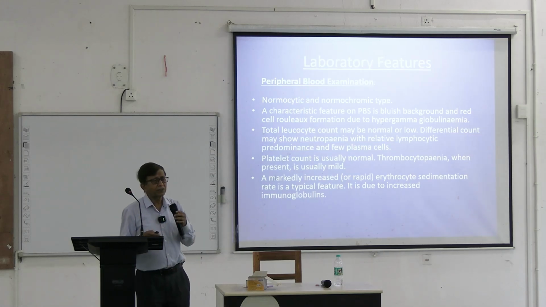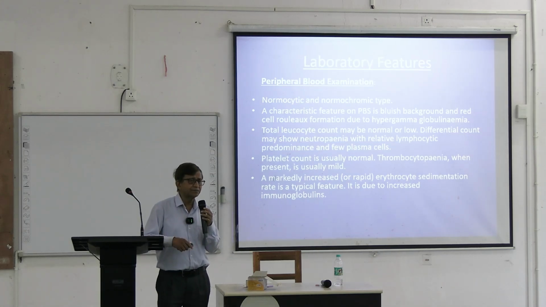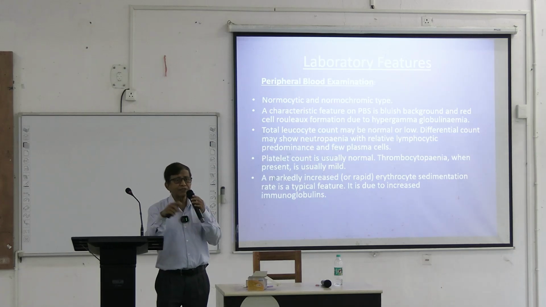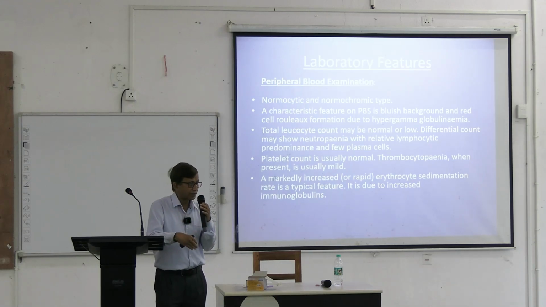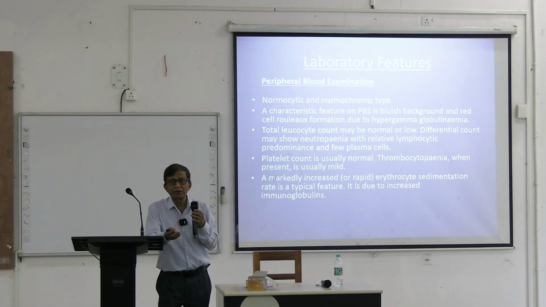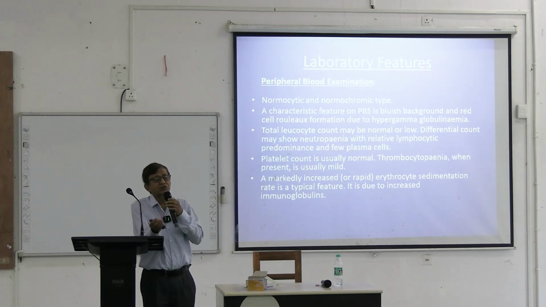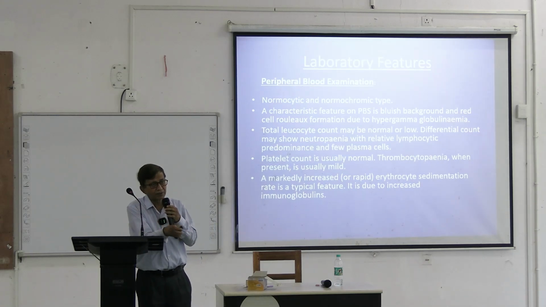So why does ESR increase? RBC is coated with antibodies. They adhere to each other. So there is increased rouleaux formation, increased aggregation and precipitation. That's why. Simple. If you know the pathogenesis, you can explain anything in the world.